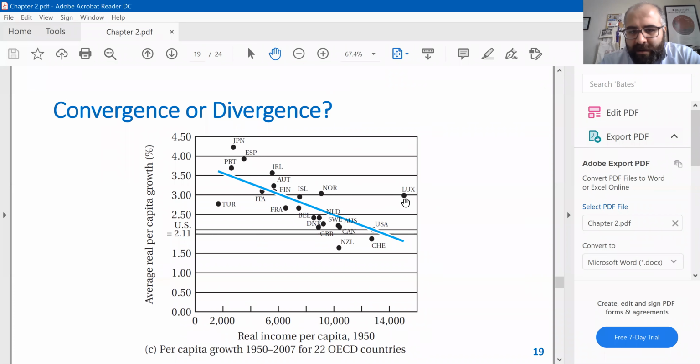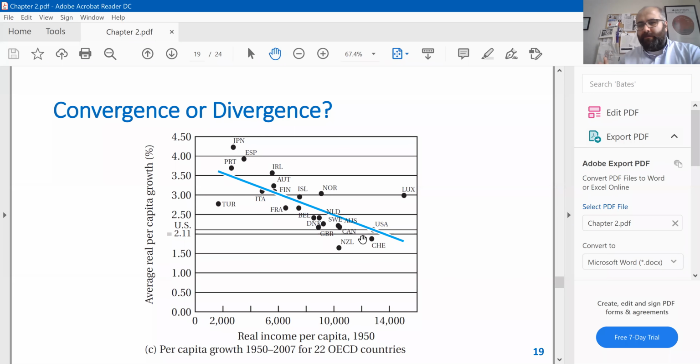The initially richer economies are Luxembourg, United States, Switzerland, Austria, Canada, Netherlands, etc. Right? So this is now much more strong. I mean, this is a strong correlation here. Turkey and Luxembourg are kind of outliers in this picture, but Turkey is always an outlier in OECD in many different contexts. But what we see here is that for a group of countries, there is convergence.